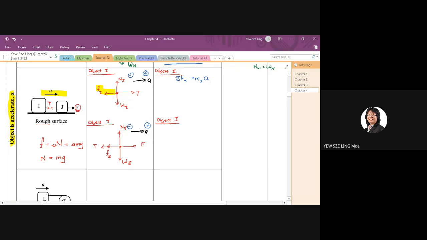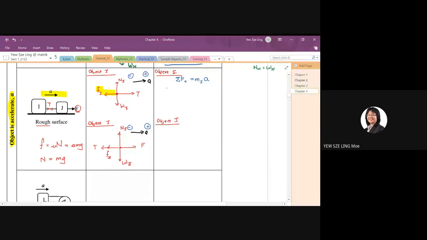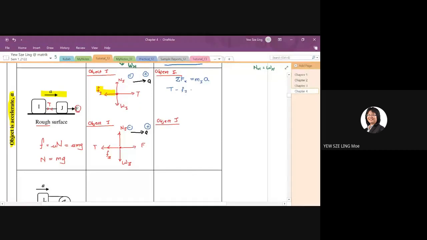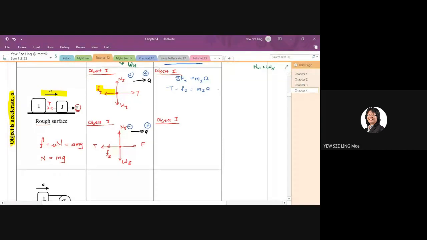So both of them have the same acceleration. So you don't have to put subscript in the acceleration. You only put it in the mass because now you're looking at different objects. So let's expand the x-axis. In the x-axis, I have tension and frictional force. So T minus Fi equals to MIA. This is my first equation for the x component.